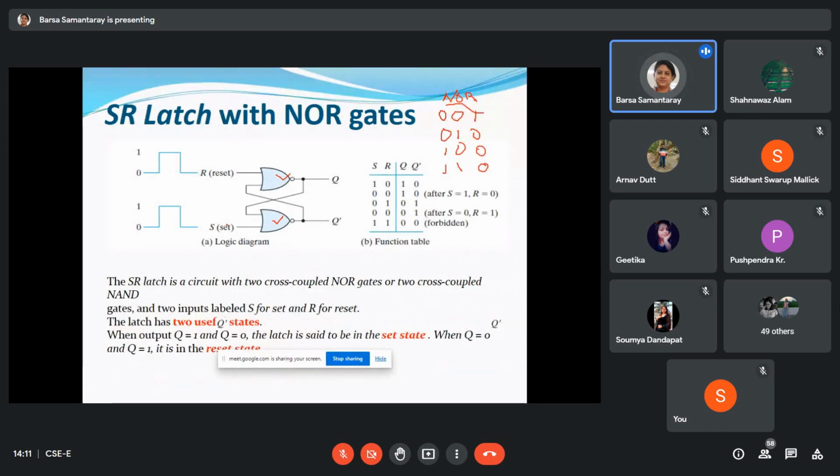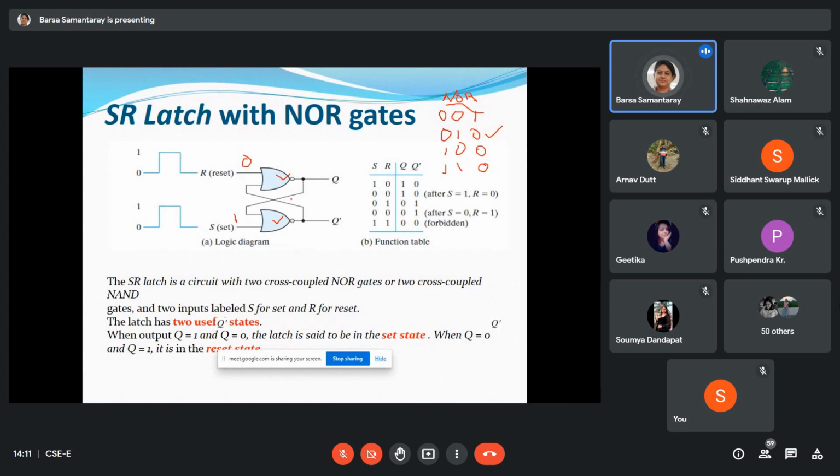Now we are taking the truth table: if any one input of the NOR gate is 1, then the output is 0. Assume the first condition is S is 1 and R is 0. This is cross coupled, meaning the output of this one is fed to the input of the other. I don't yet know my output here.